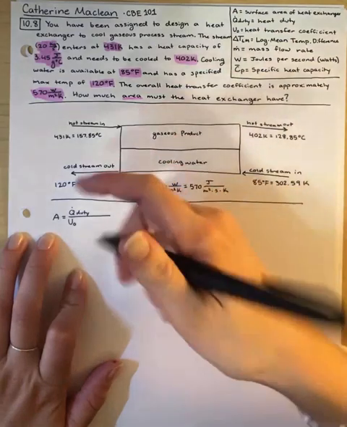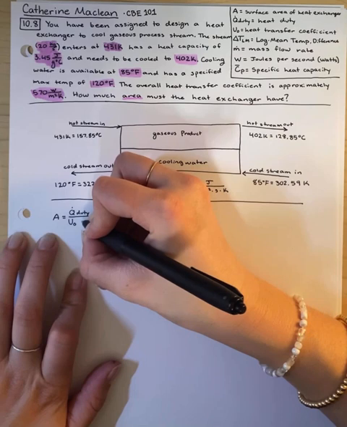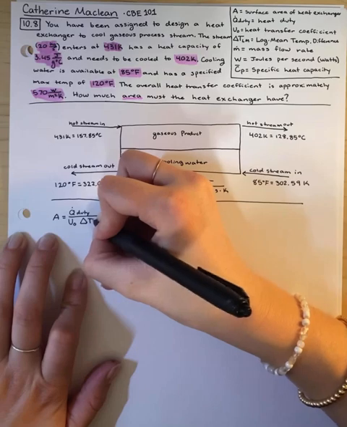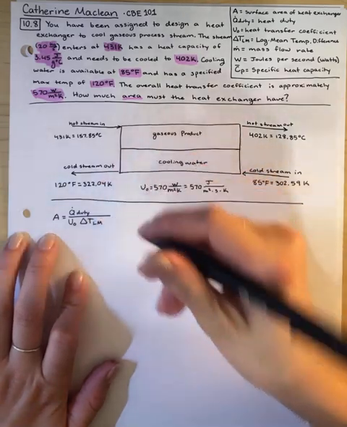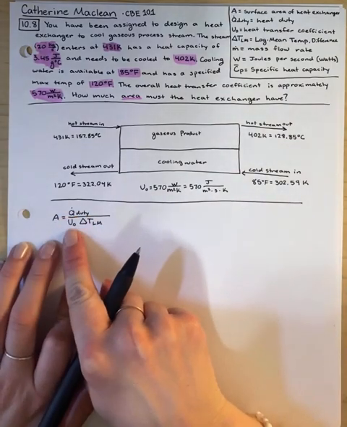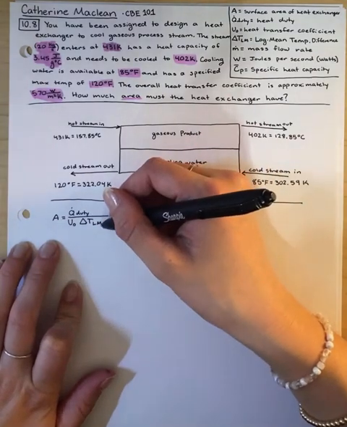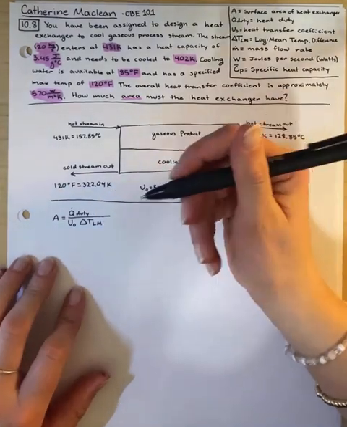I wrote all of these up here if you want to look. And our U sub naught is multiplied by our log mean temperature difference. To start figuring all of this out, we know our U sub naught, but we need to calculate our Q duty and our delta T log mean.